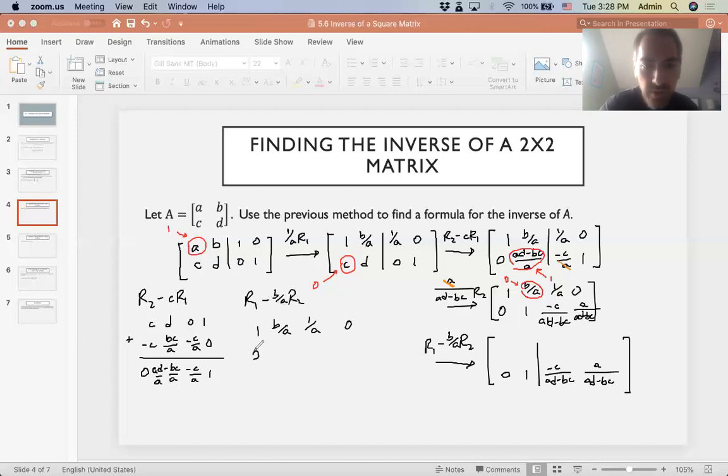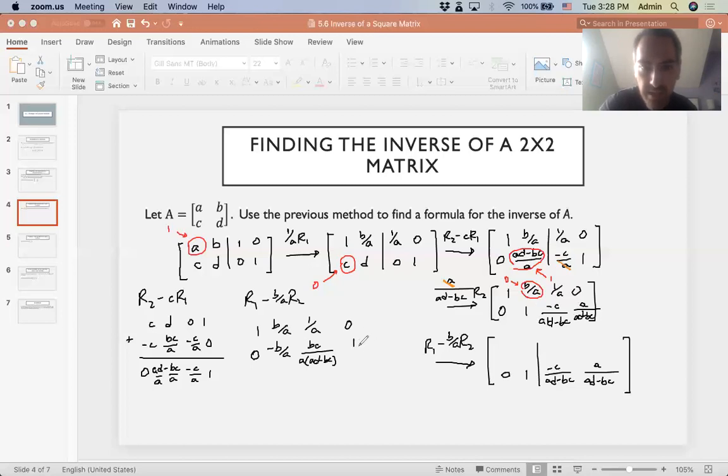So that's 0, negative B over A. And I'm multiplying B over A times C over AD minus BC. So that's BC over A times AD minus BC. And B over A times A over AD minus BC, the A's are going to cancel.